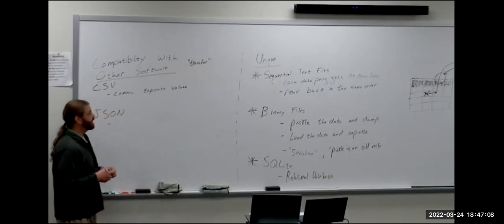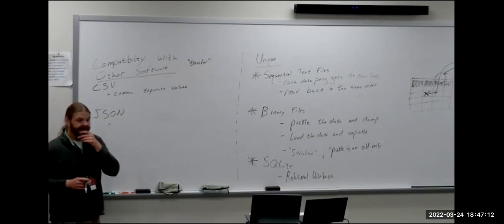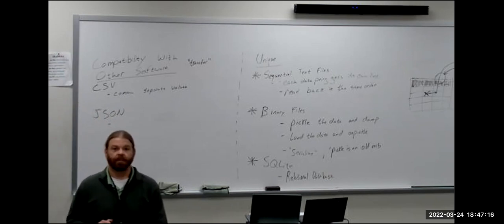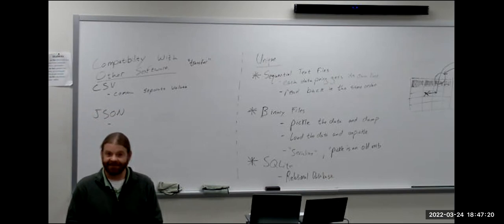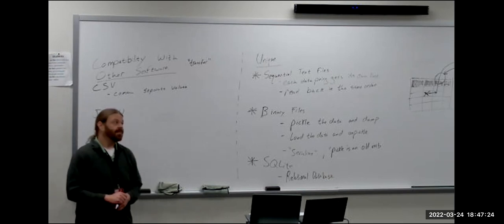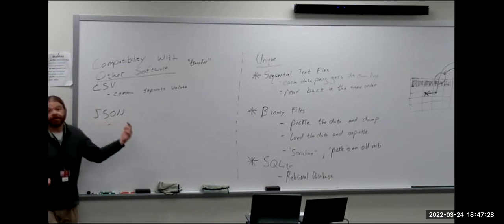In Python, we call that a dictionary. In JavaScript, one of the languages in our world that is officially labeled as a standard for something somewhere, it's called JSON, JavaScript Object Notation.